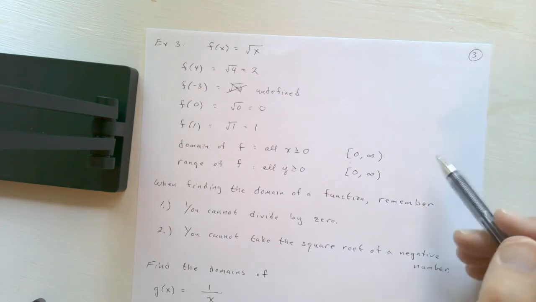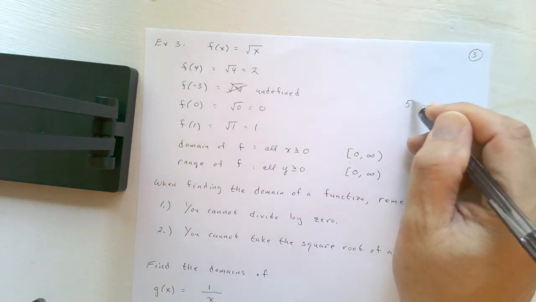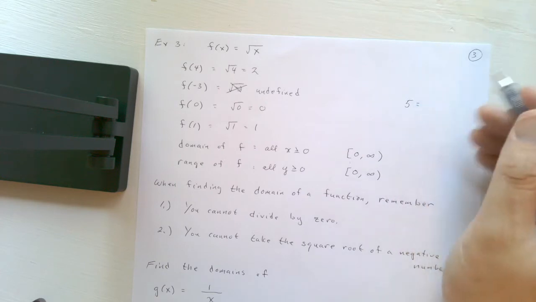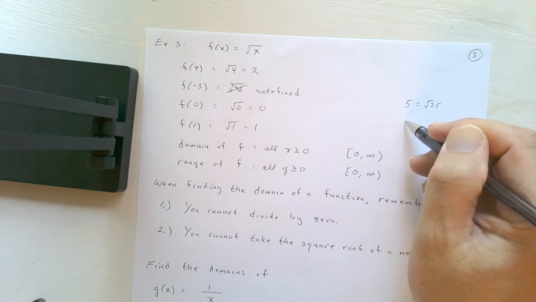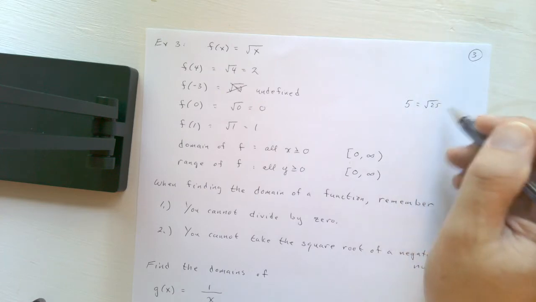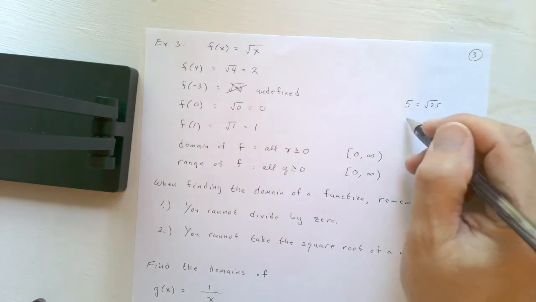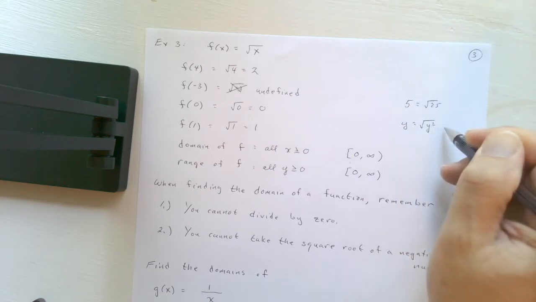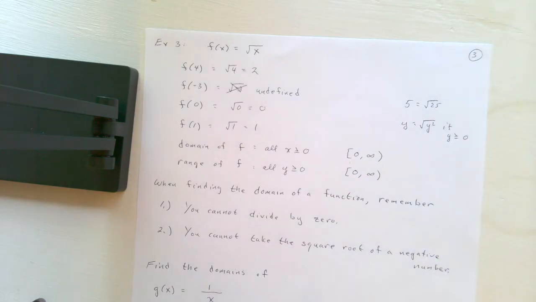For example, 5 is obviously the square root of 25. Any number is going to be the square root of its square. So maybe I can just say y is going to be the square root of y squared, okay, if y is greater than or equal to 0.